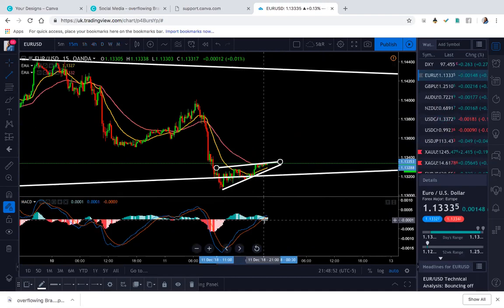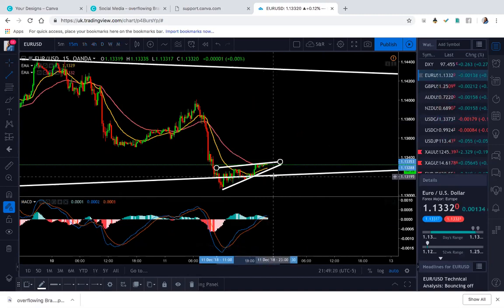So now we try to identify the pattern for the correction that we see. Let's just identify it based on the patterns they have here. Right. So this appears to be a rising wedge based on the patterns. And therefore, we're looking for it to drop.